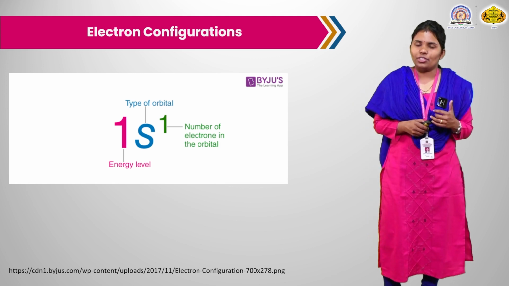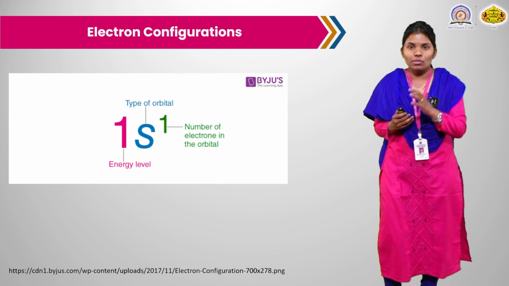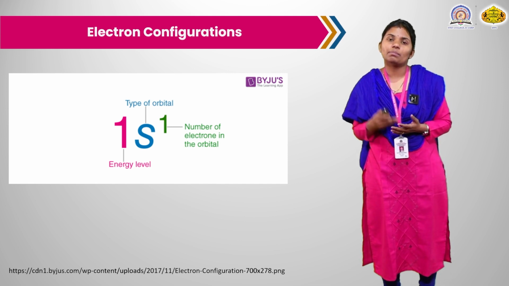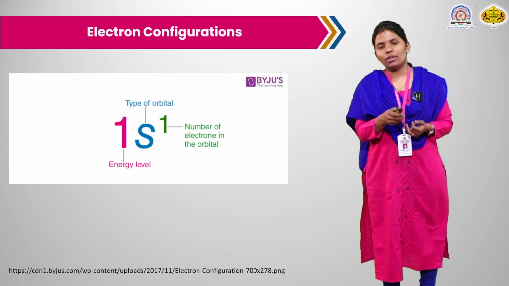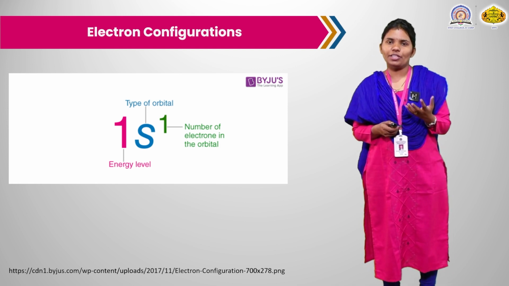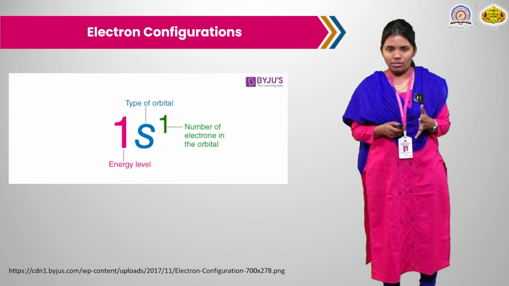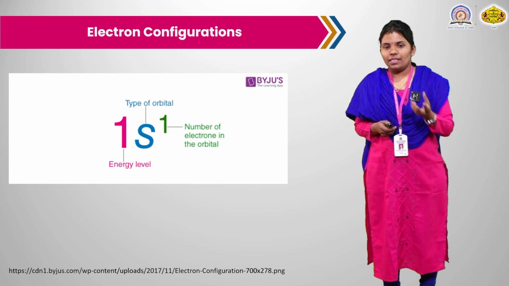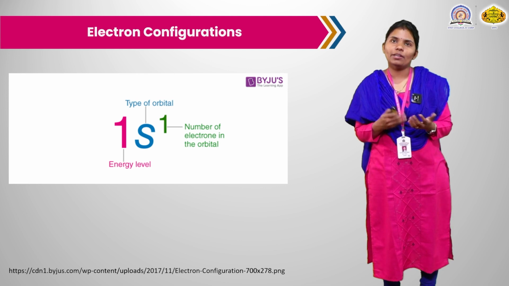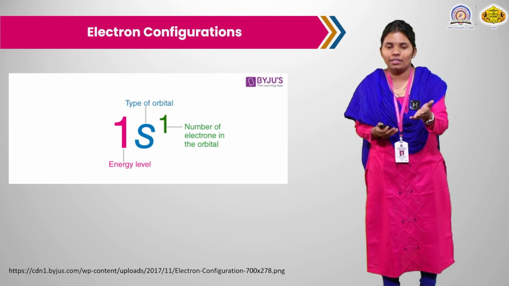In our previous lecture, we have seen the different types of quantum numbers: principal, azimuthal, magnetic and spin. Here 1 is the principal quantum number, the energy level to which the electron belongs. S is the type of orbital, and the superscript tells how many electrons are in that orbital.